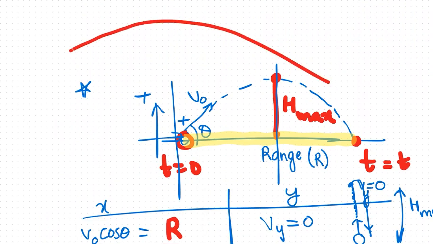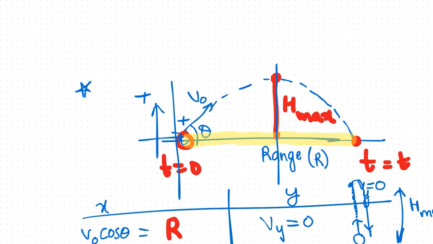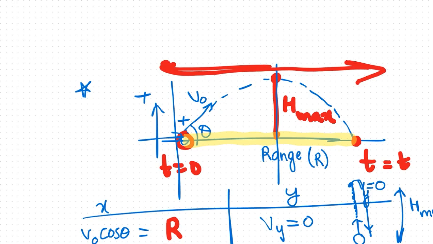So come to this question, the background at the top. Basically, this point acts as the axis of symmetry because this is the vertex. Whatever you see on the left side should match the right side.